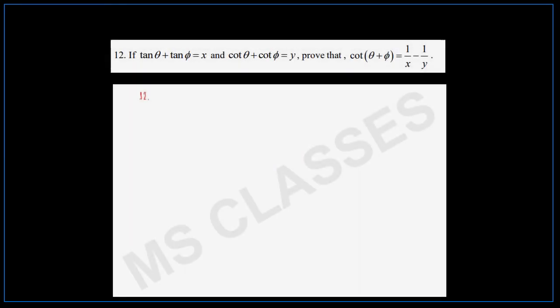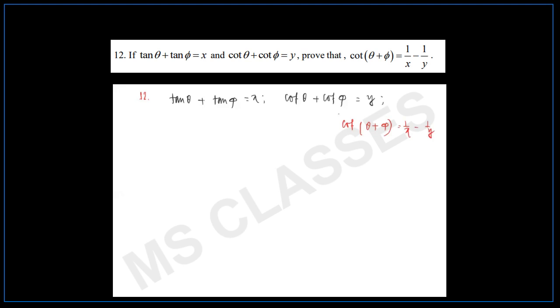It is given tan theta plus tan phi equal to x, cot theta plus cot phi equal to y. And we have to prove that cot(theta plus phi) equal to 1 by x minus 1 by y.